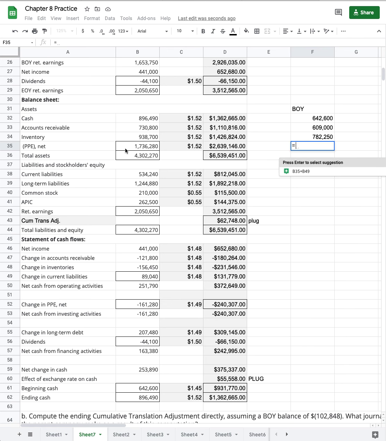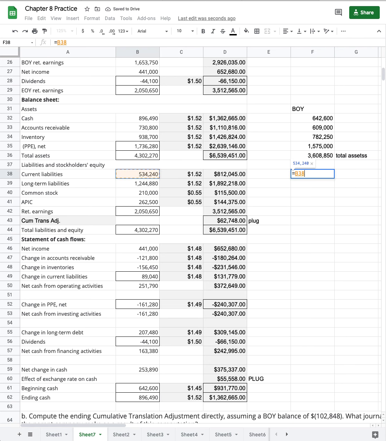So we'll take our PPE plus the change in PPE. And so we can do a sum to get total assets of $3,608,000.